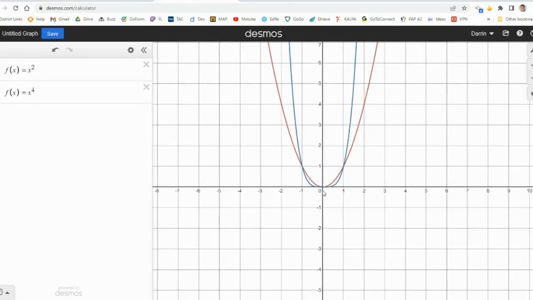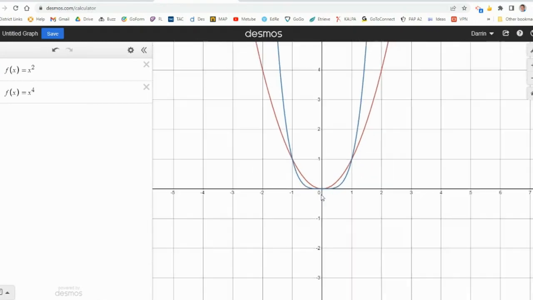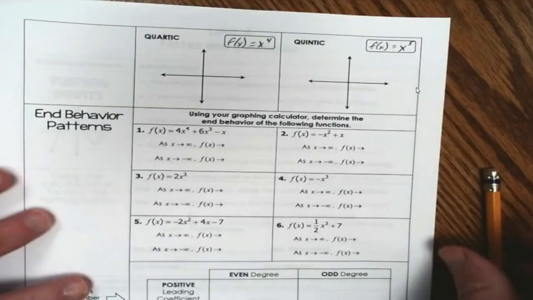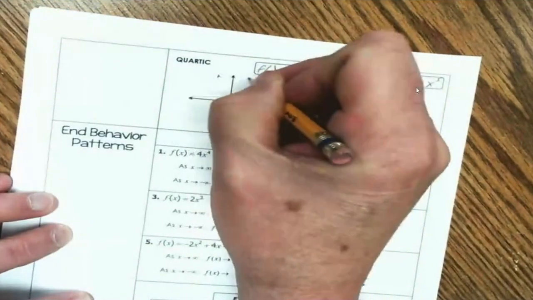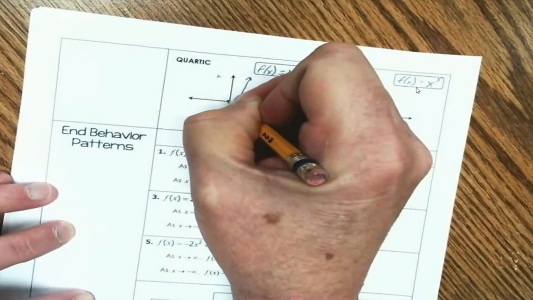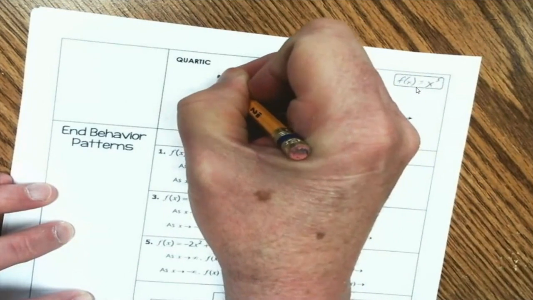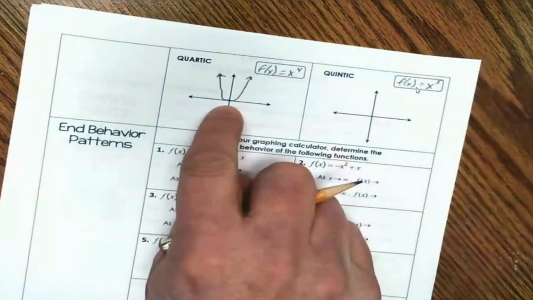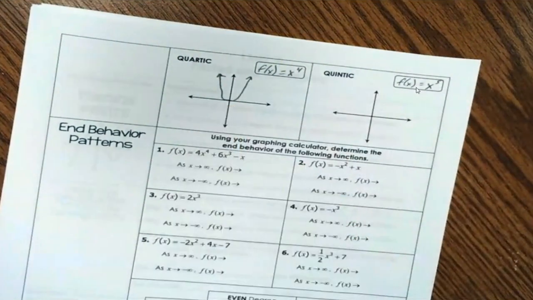It spends more time really close to zero down there. So we can draw that on our sheet. It goes up a lot faster, and it's going to be flat along there for a longer period of time than the parabola does.